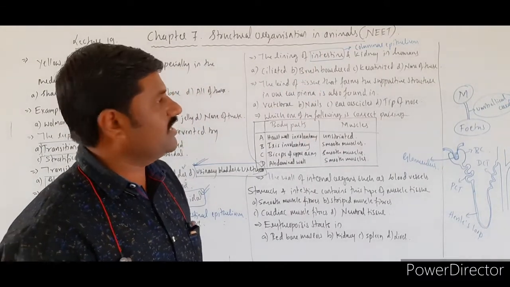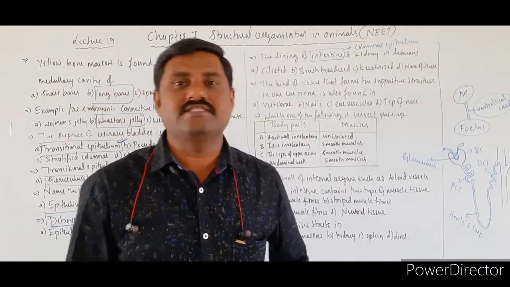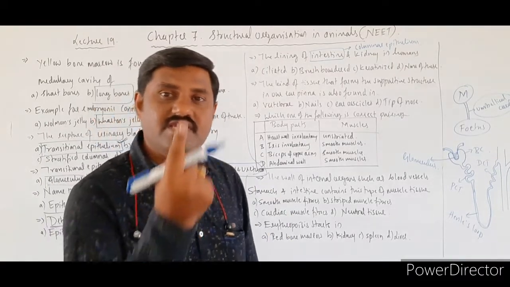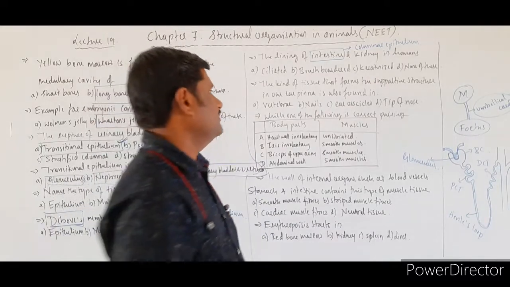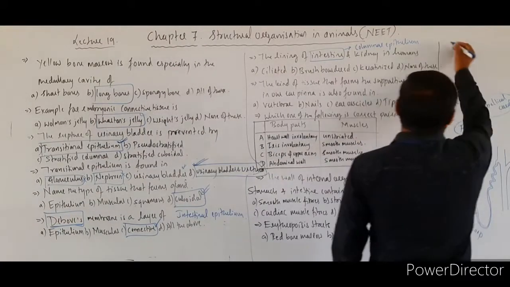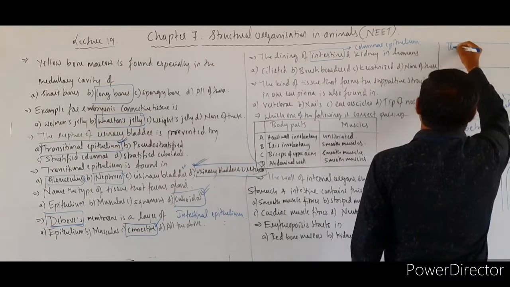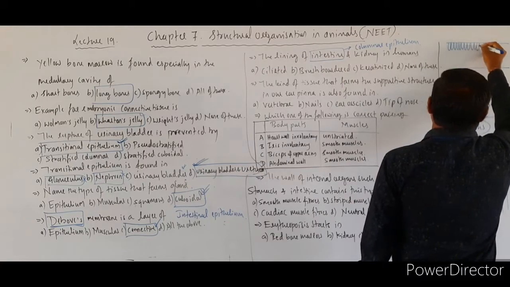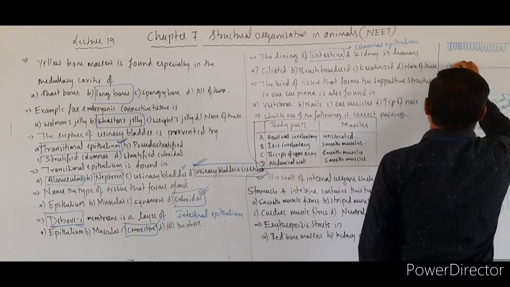This columnar epithelium contains pillar-like epithelial cells, and those pillar-like epithelial cells have a large number of cytoplasmic processes. See here, if this is the inner lining of a small intestine, it is lined with columnar epithelium.